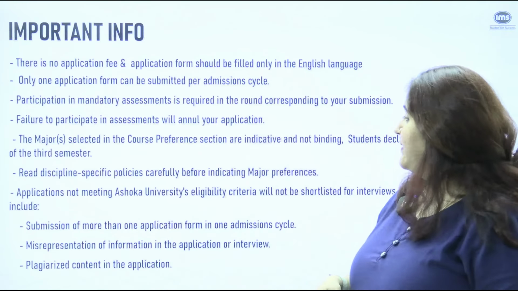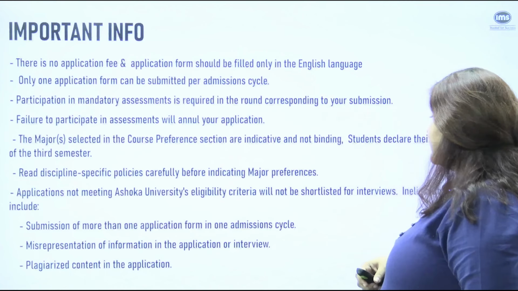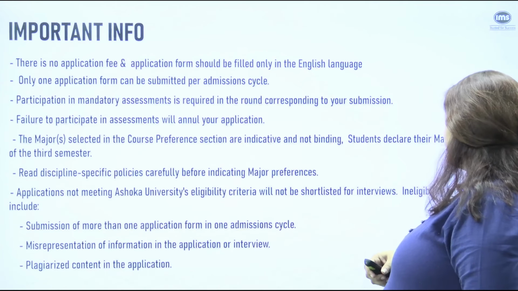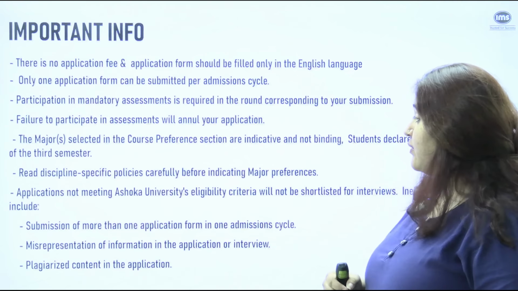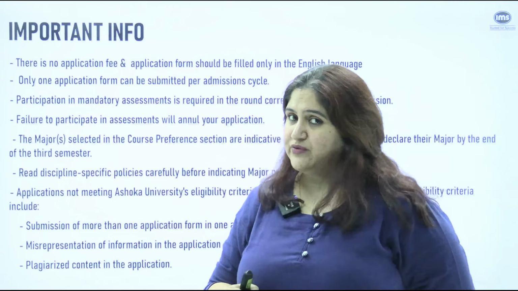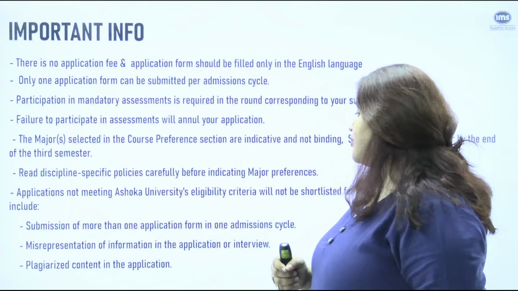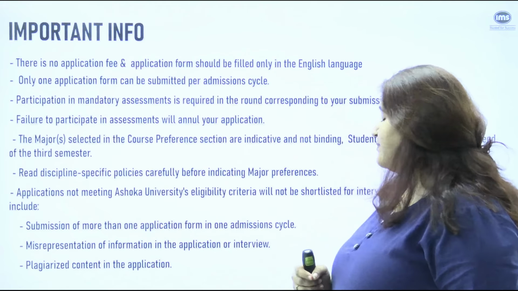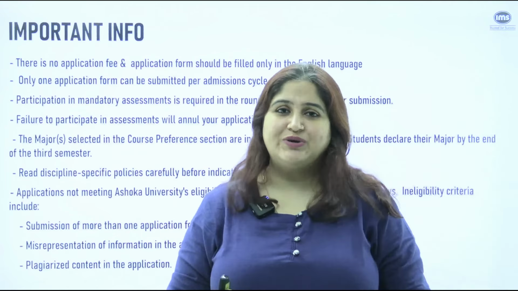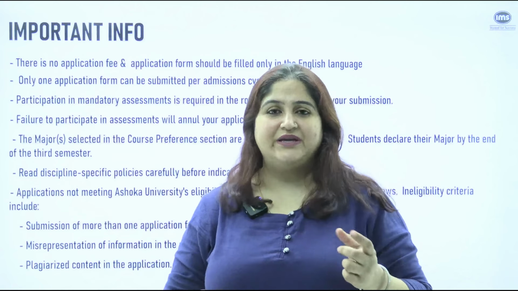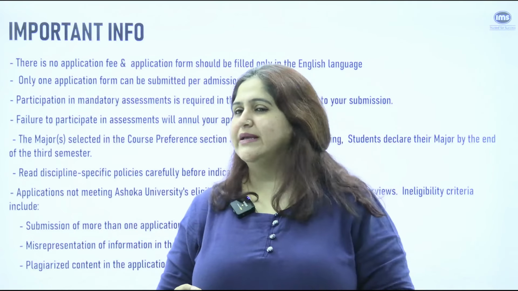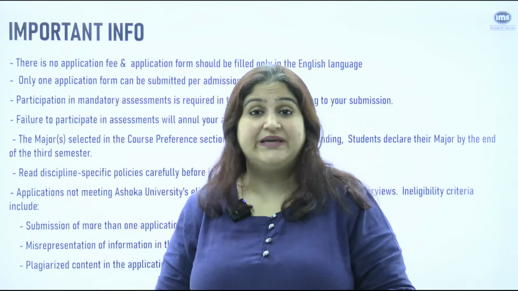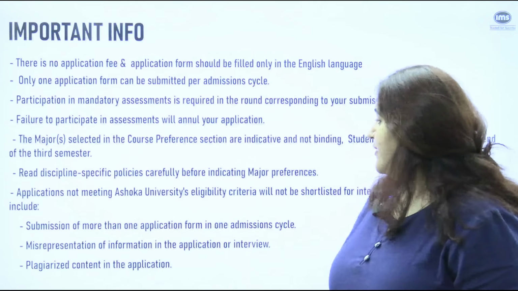So just make sure that you're going through that. Applications not meeting Ashoka University's eligibility criteria will not be shortlisted for interviews. Ineligibility criteria include certain things you have to keep in mind. First is submission of more than one application form in one admission cycle. So do not try the trick of submitting the application with 2 different email addresses. That will not be accepted. You will get caught and eventually your application itself will not be accepted.